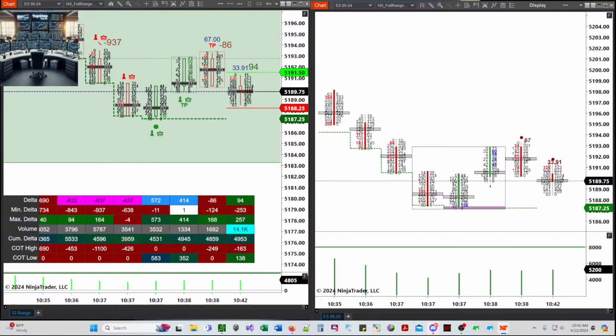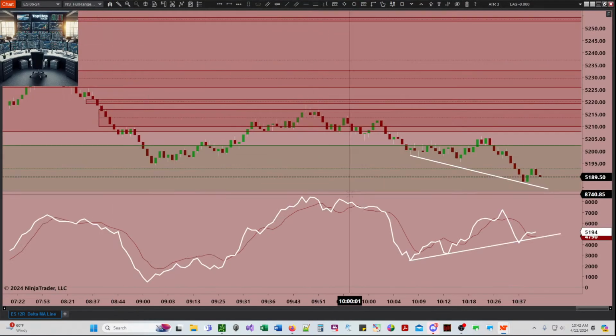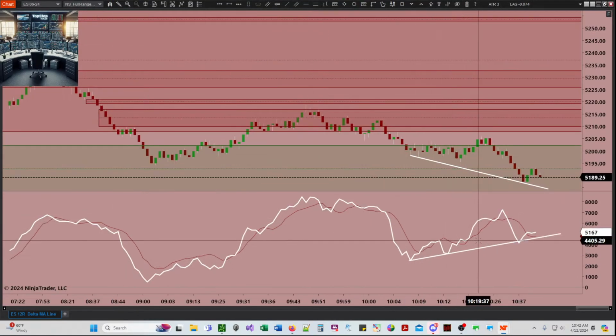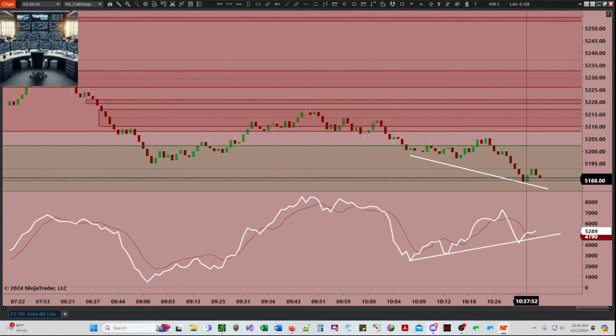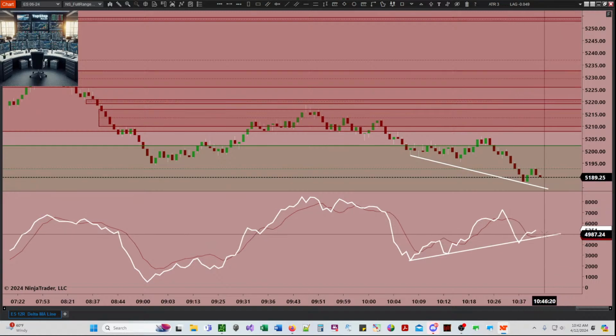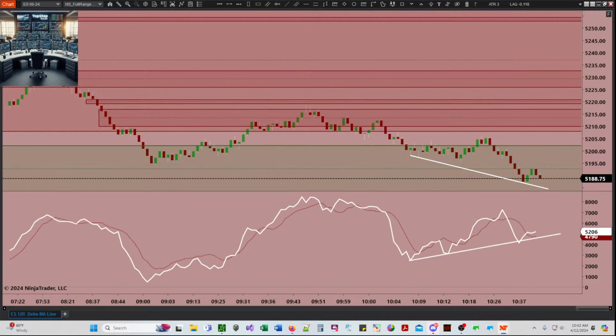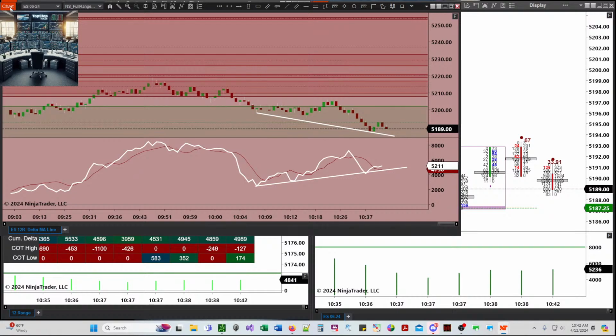Got a divergence going on here. Let me bring this chart over so you guys can see it. White line is CUM. Got a moving average on the CUM. And notice the data came to a screeching halt. CUM is definitely climbing to the upside. So we got buyers coming in, my opinion.